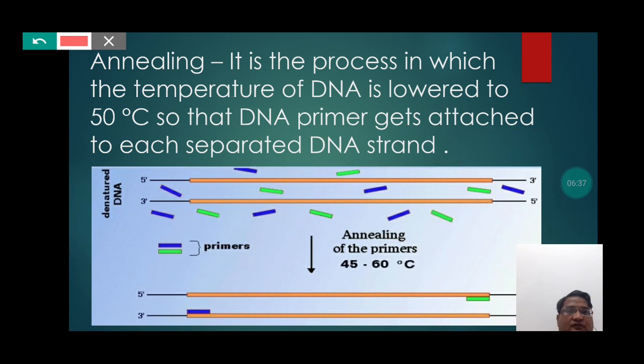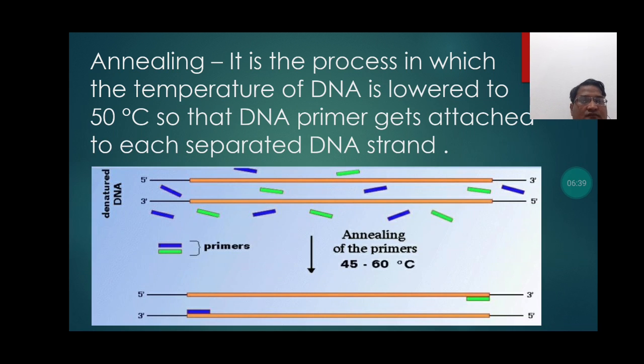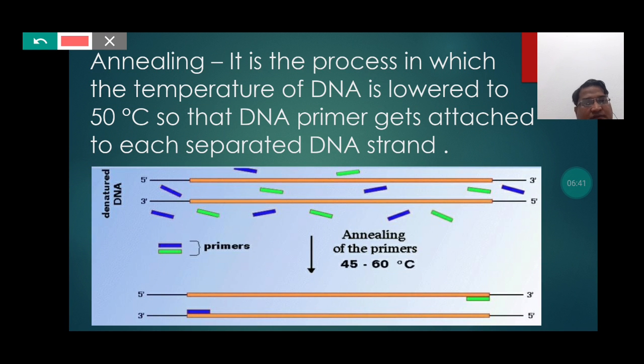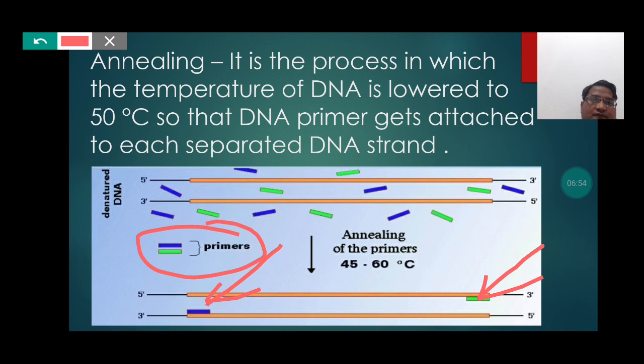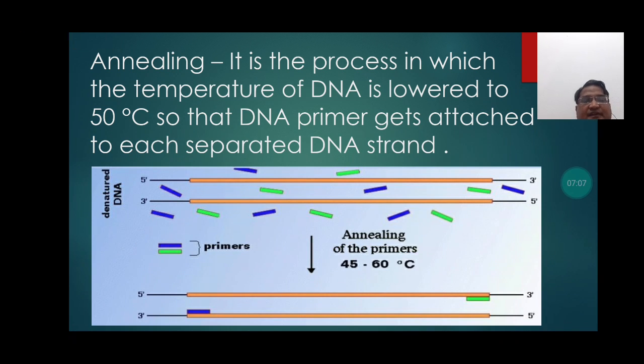If you concentrate on this picture, you will notice that the primers have been successfully incorporated in the two different strands of the DNA, and the specific temperature required to complete this process is 45 to 60 degrees centigrade.